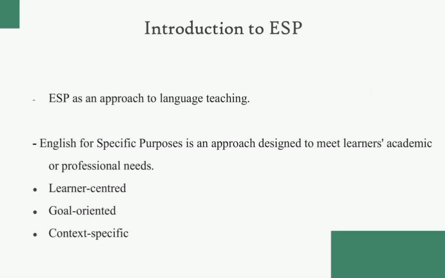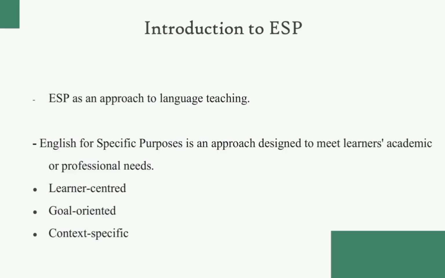As Hutchinson and Waters explain, ESP is an approach to language teaching in which all decisions about content and methodology are based on learners' reasons for learning English. This explains why ESP is first learner-centered, which means that the learner's needs, goals, and future language use are the starting point of the course design.